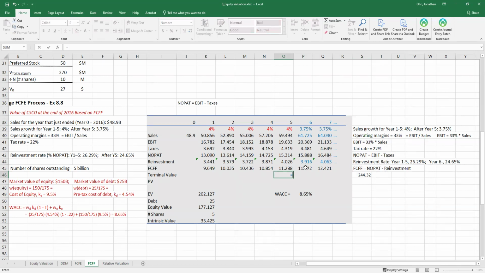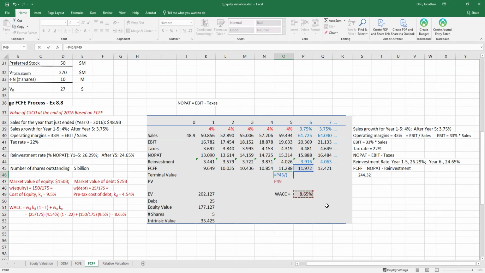This free cash flow divided by, oh yes, we have to calculate the weighted average cost of capital. I calculated it, it's 8.65%. Let's calculate this one first, and then I'll show you how to calculate it.